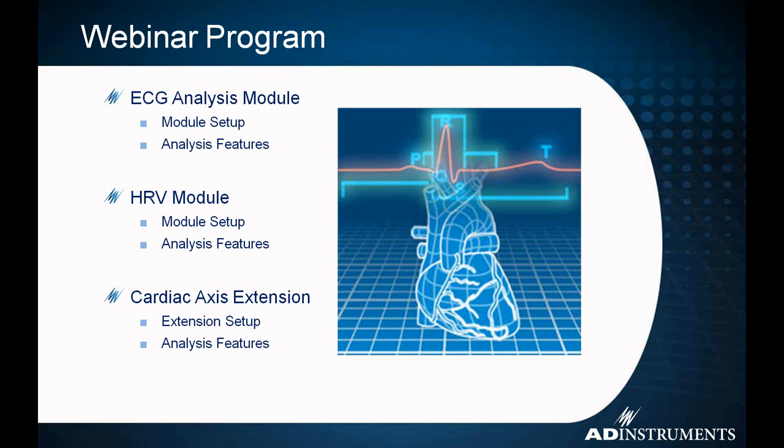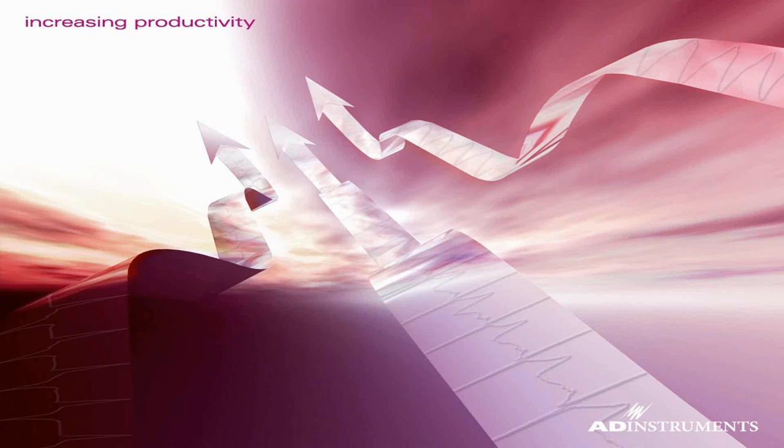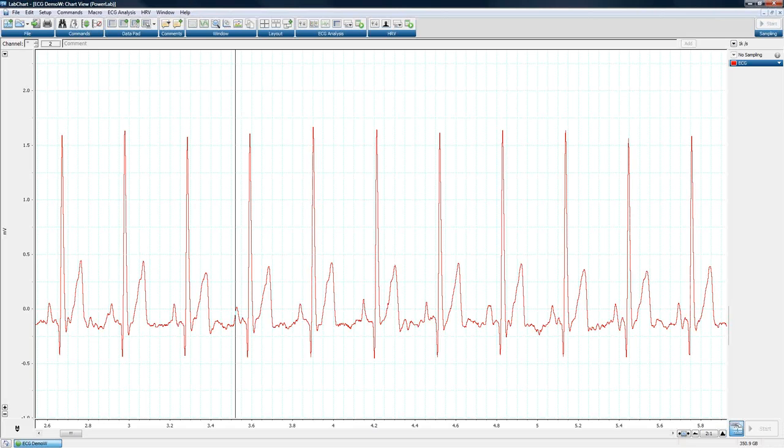And then last but not least, the Cardiac Axis extension, which is free to any LabChart user. You do not have to have LabChart Pro or purchase it. We'll talk about its extension setup and the analysis features it offers.